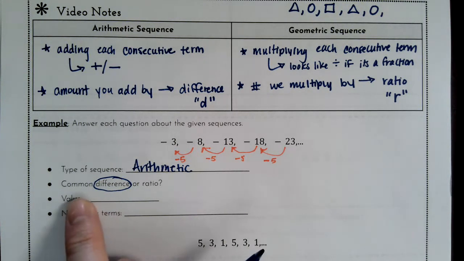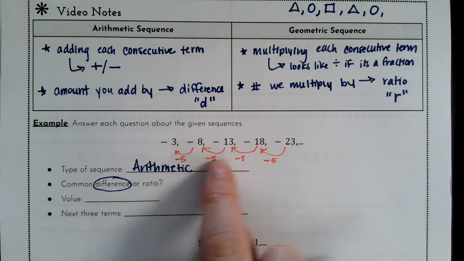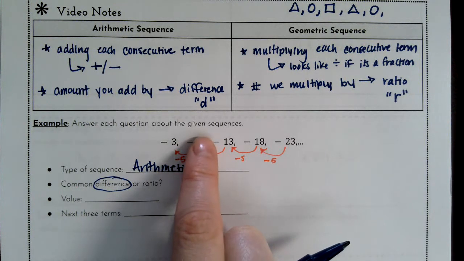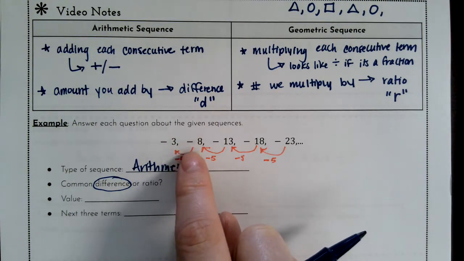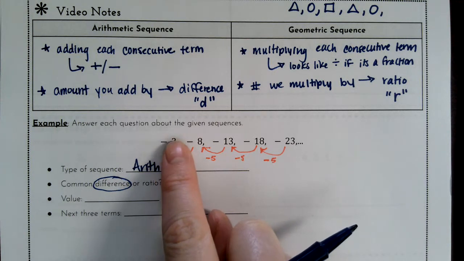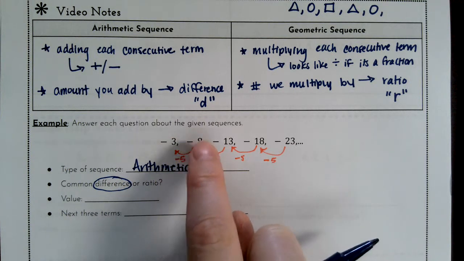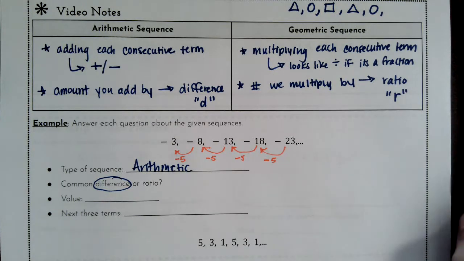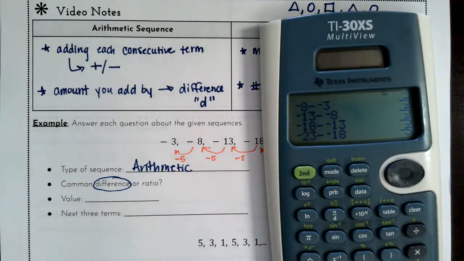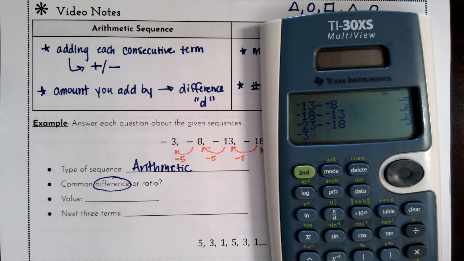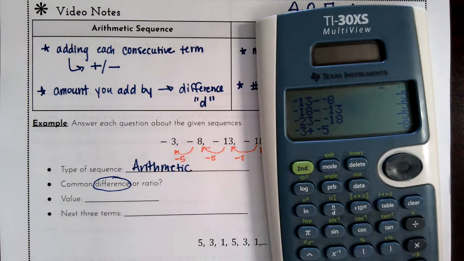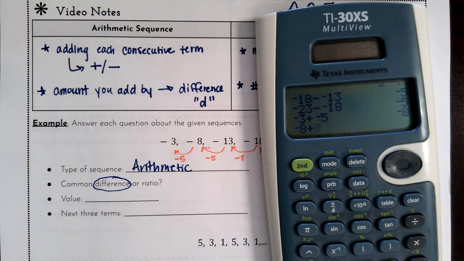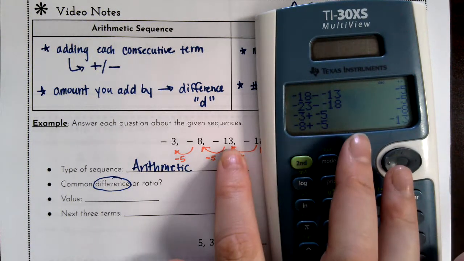And then what's the value of that difference? Well, that's the number that you find each time. It's important that you go from second to first because we want to make sure we get the number that you actually are adding. -3 plus -5 should equal the next number. If you want to double check, just do that on a calculator. -3 plus -5 is -8. -8 plus -5 is -13.